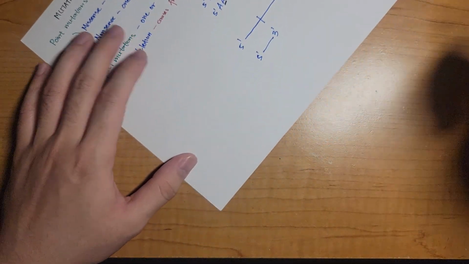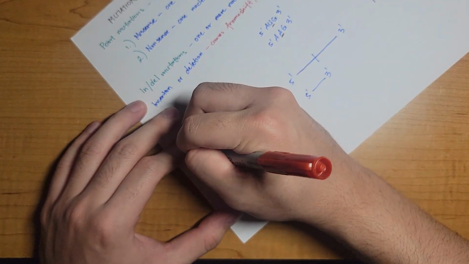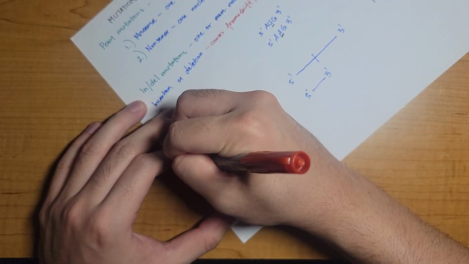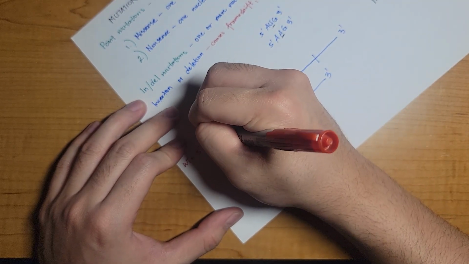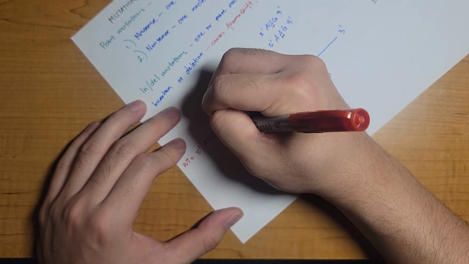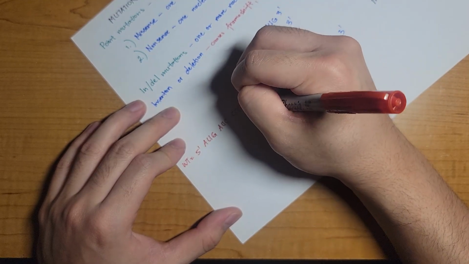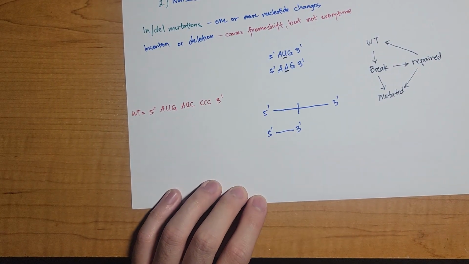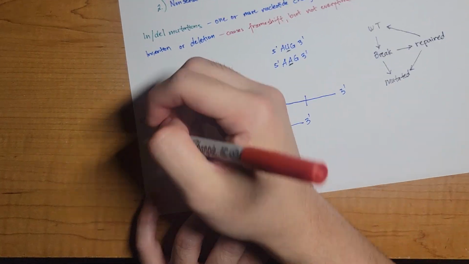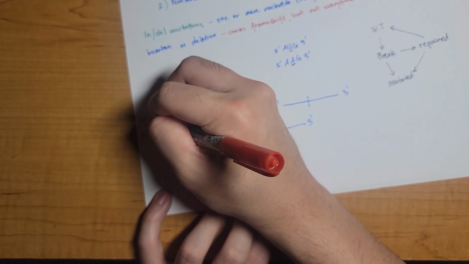Let me give an example. Let's do something where it causes a frameshift first. Let's say this is the wild type: AUG whatever, AUCCCC. This is the wild type, right? If we inserted something, this is the mutated one.